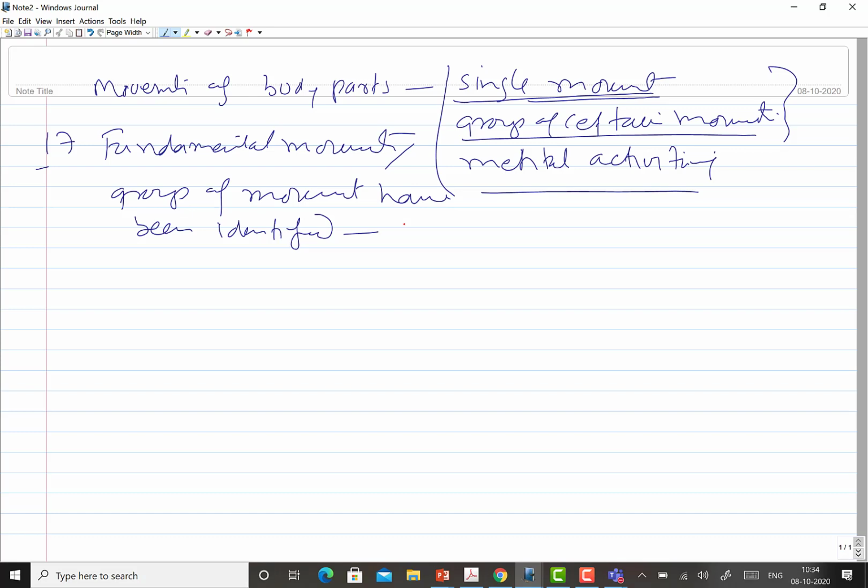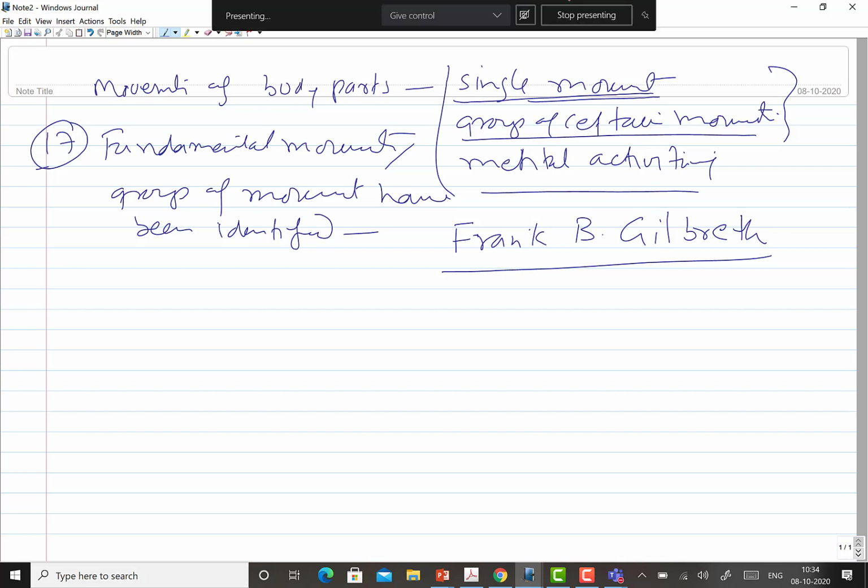So for such analysis, 17 fundamental movements or groups of movements have been identified, and this work was done by Frank D. Gilbreth. He is the scientist who did this pioneer work of identifying the fundamental movements related to the study of short cycle jobs.